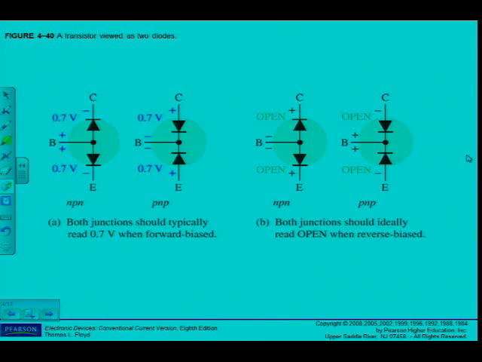Okay, so there are a few methods that I can use on the digital multimeter. I can use the diode testing setting on the multimeter to do it, or I can use the ohms setting to measure the resistance. Then I should expect what to measure, as you've done with the diode as well.